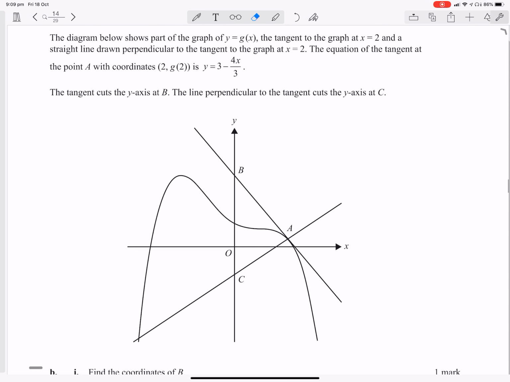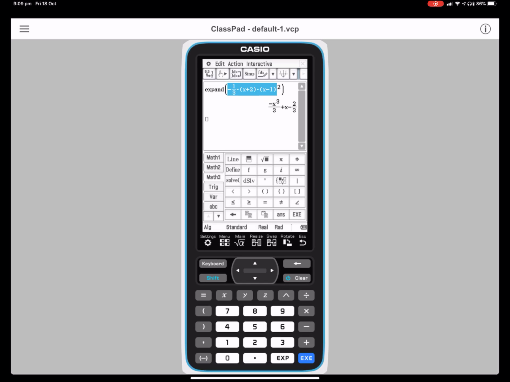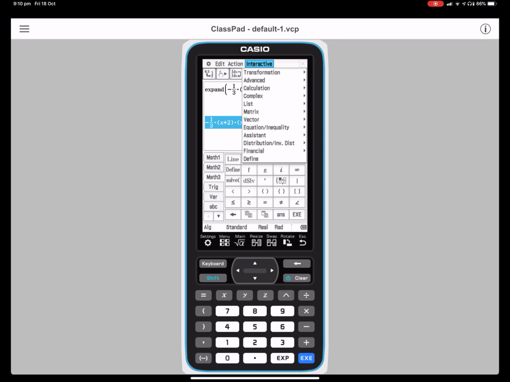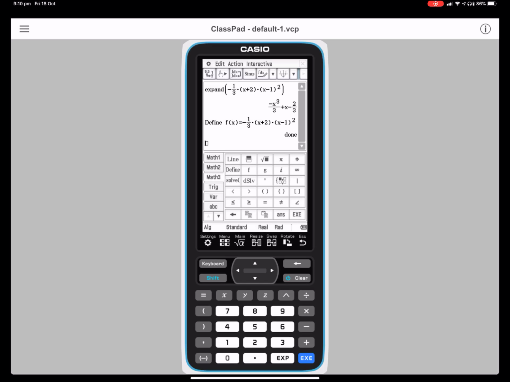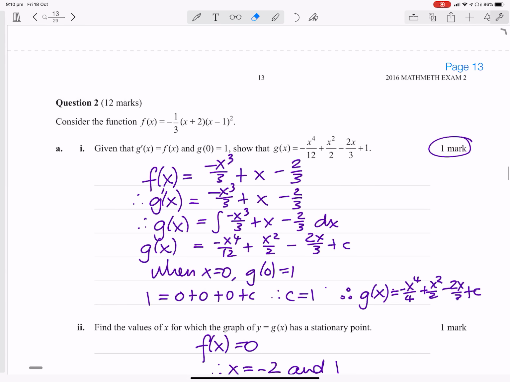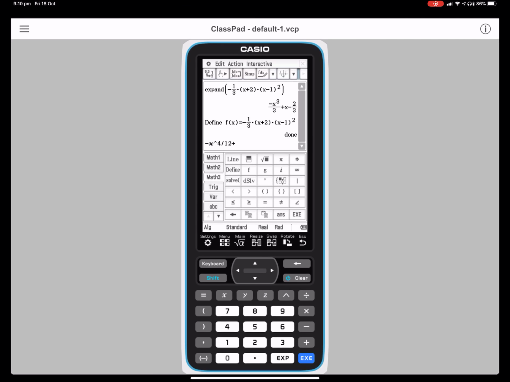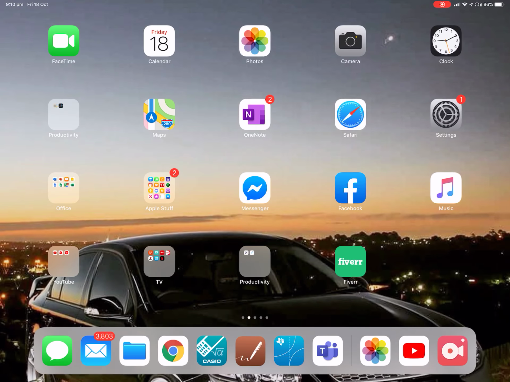Okay, so that's g of x. So let's define that as f of x. And we know negative x to the 4 divided by 12 plus x squared on 2 minus 2x on 3 plus 1.